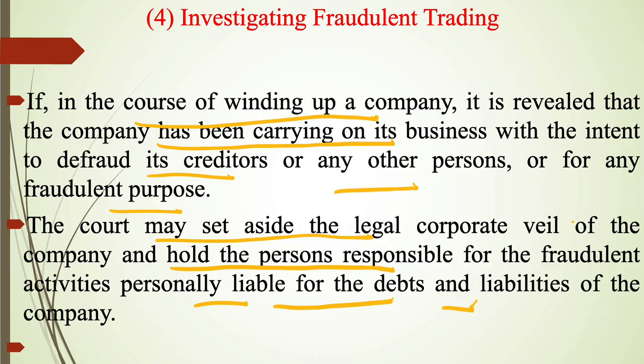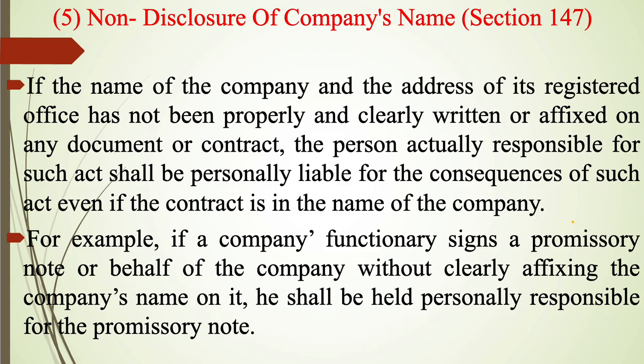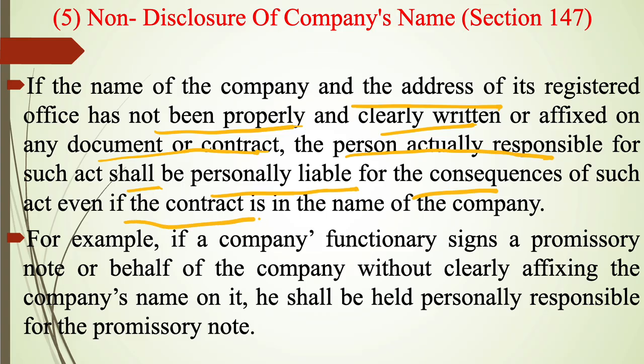The next condition of lifting the corporate veil is non-disclosure of company's name. It is defined under section 147. If the name of the company and the address of its registered office has not been properly and clearly written or affixed on any document or contract, the person actually responsible for such act shall be personally liable for the consequences of such act even if the contract is in the name of the company.